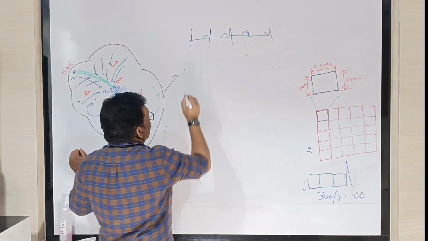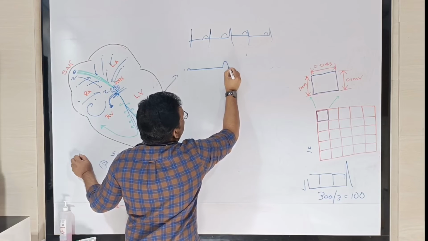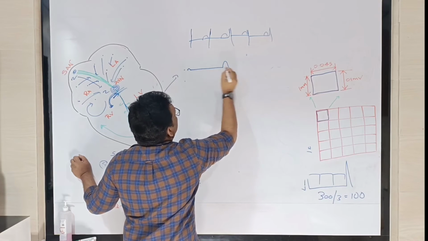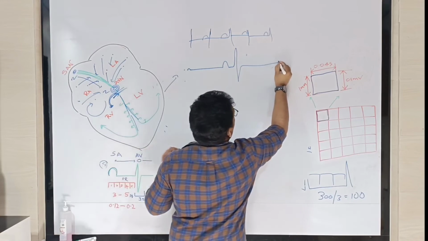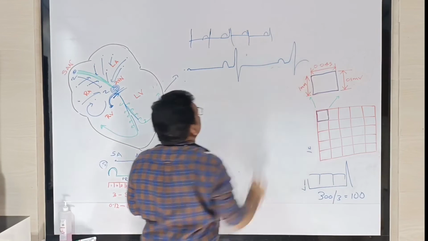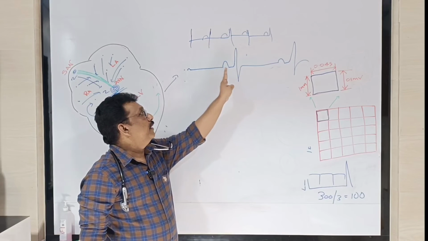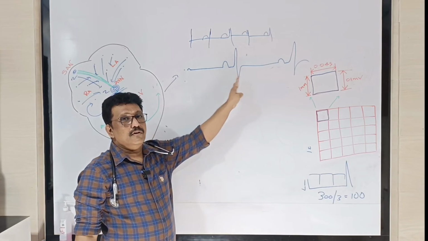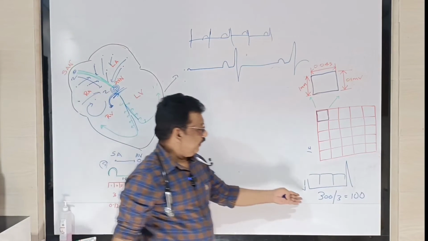Okay, so if the heart rate is something like this, suppose this is 70 beats per minute, it may be only 35 or 40 beats per minute. We can calculate the rhythm rate that we already explained.